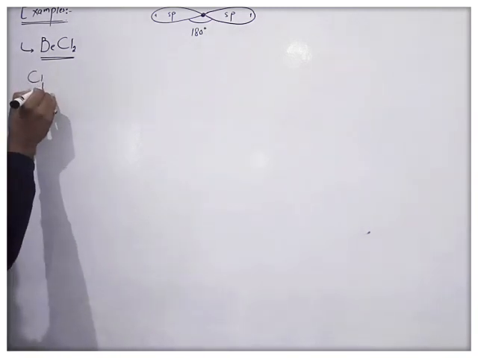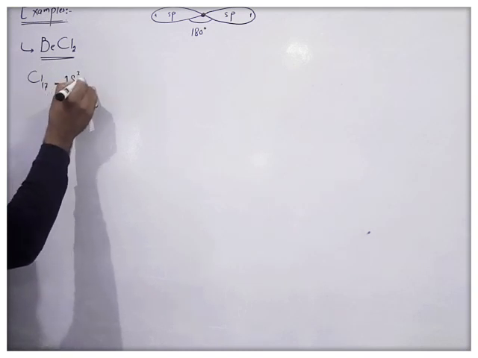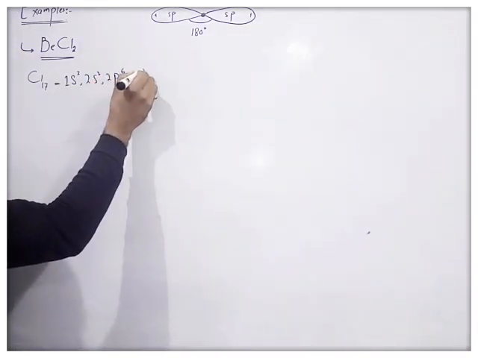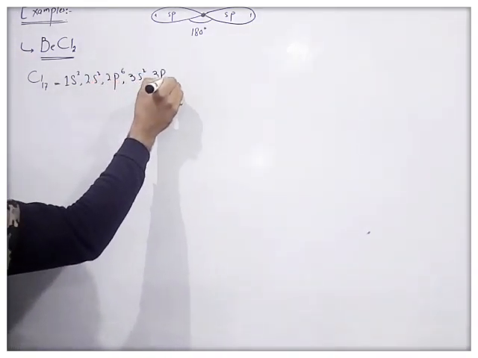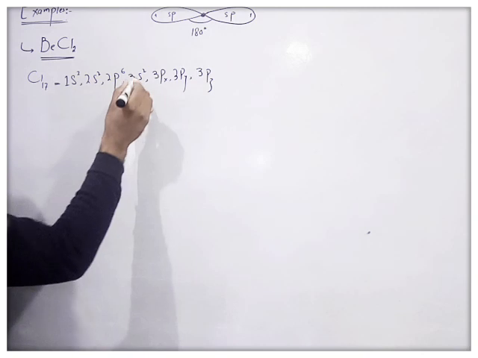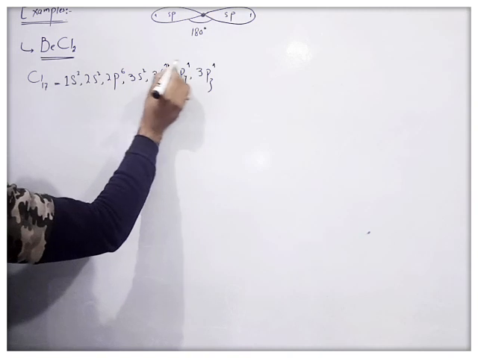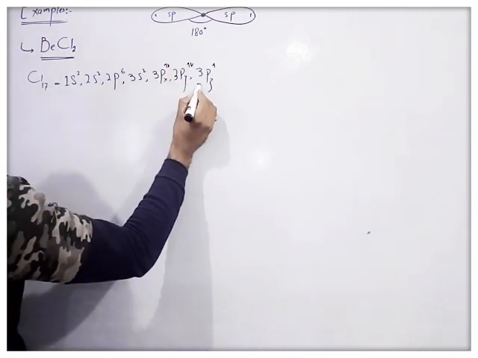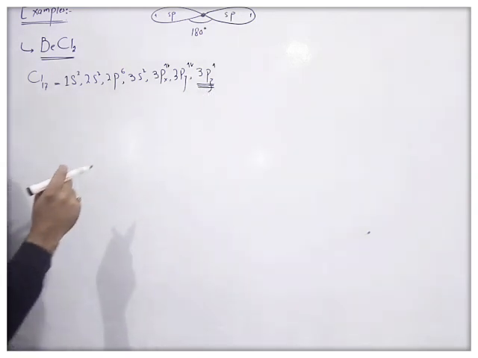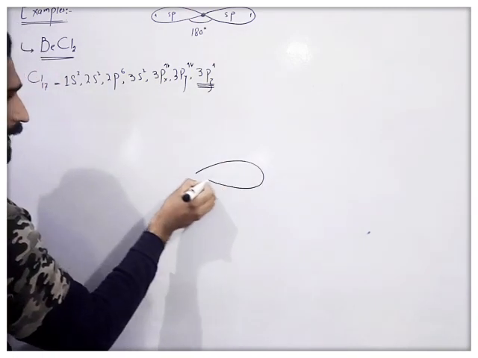Like chlorine: the atomic number of chlorine is 17 and electronic configuration becomes 1s2, 2s2, 2p6, 3s2, 3px, 3py and 3pz. Just one orbital contains an unpaired electron, that is 3pz. It is the beryllium which is sp hybrid.